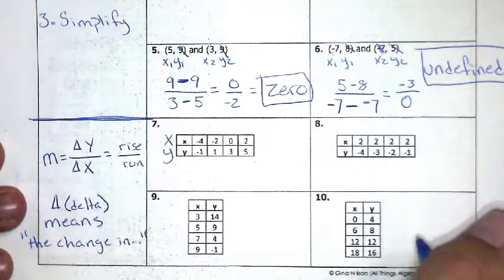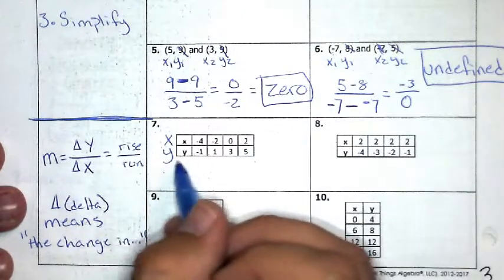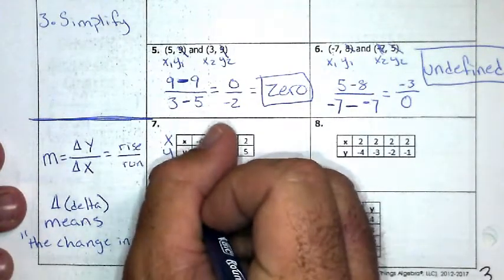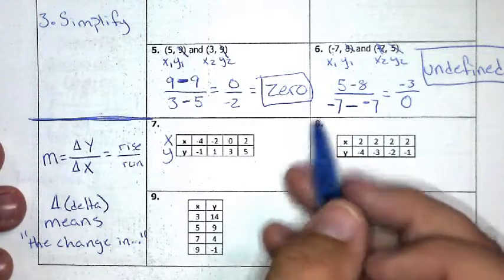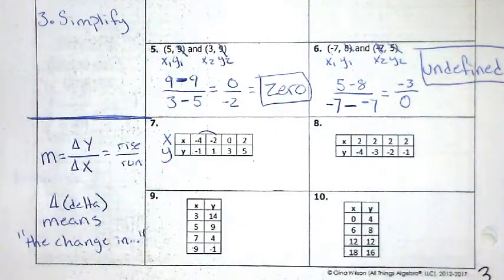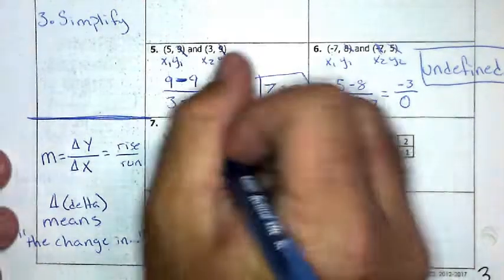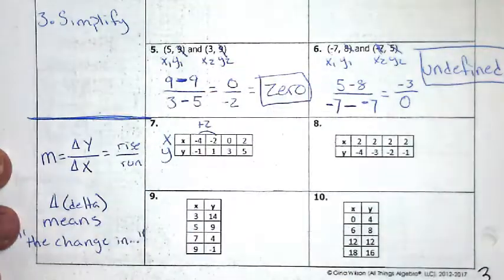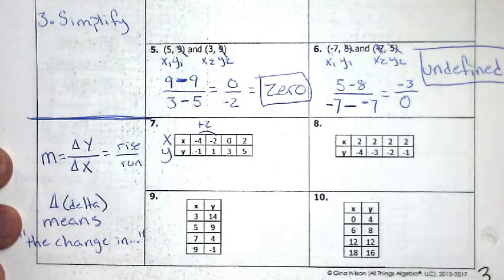Okay? Now to go from -4 to -2, you go up 2, which up 2 means +2. To go from -1 to 1, what do we do? +2.